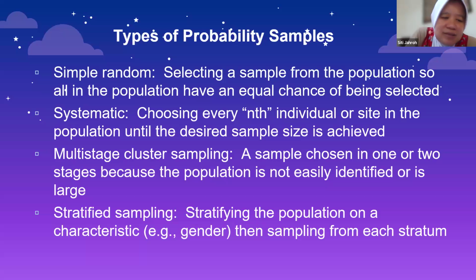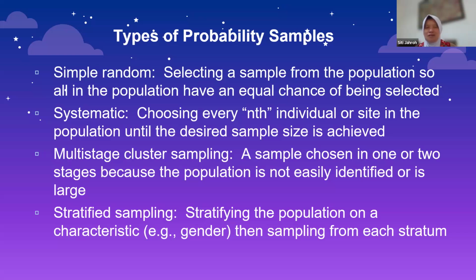And the second one, the systematic, is choosing every nth individual or site in the population until the desired sample size is achieved. So you have a number of population, you put it in order 1, 2, 3, 4, until 100, for example, and systematically you choose, say, every fifth: number 5, number 10.